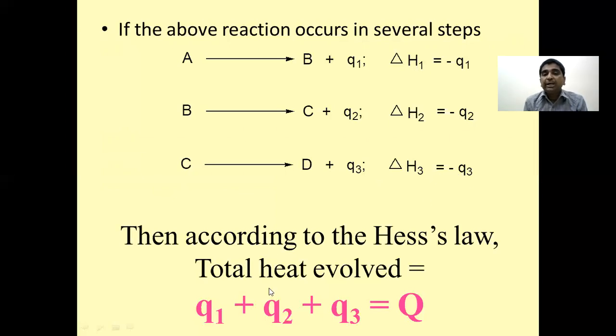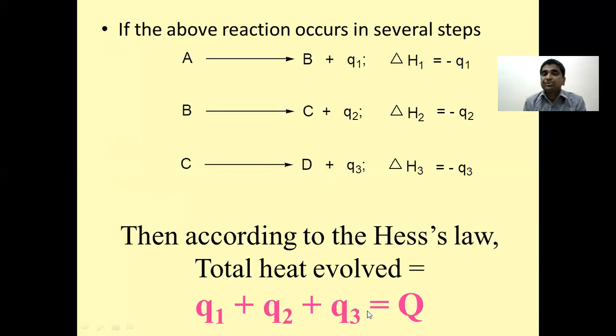Therefore, according to Hess's law of constant heat summation, the total heat evolved during the process can be either Q or the sum Q1 plus Q2 plus Q3, and Q1 plus Q2 plus Q3 is equal to Q. This has been observed practically also.